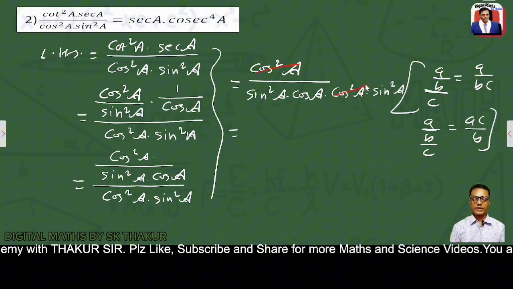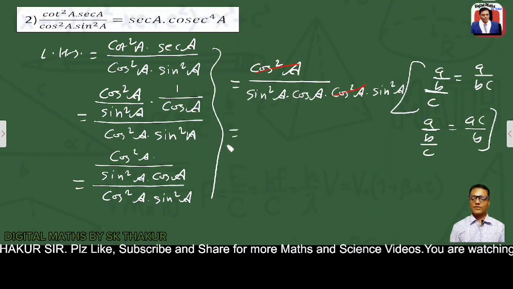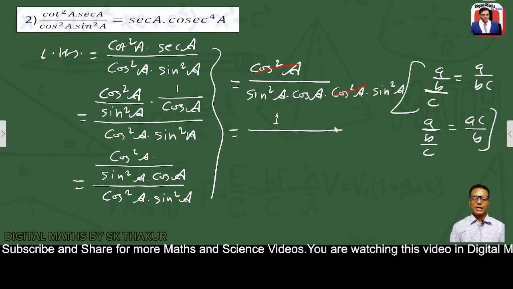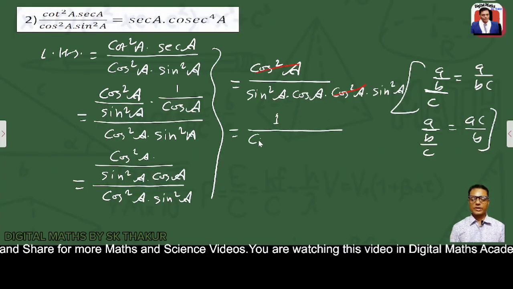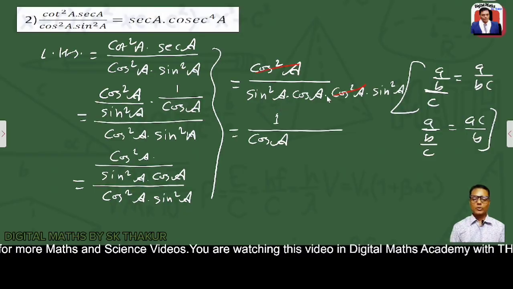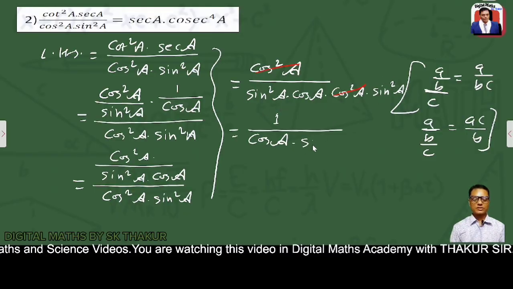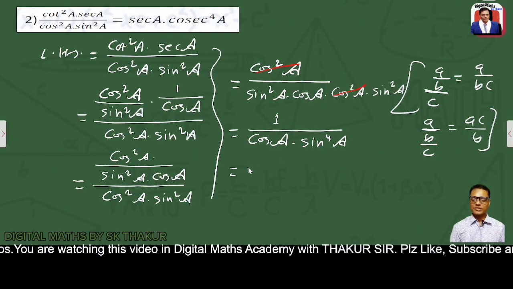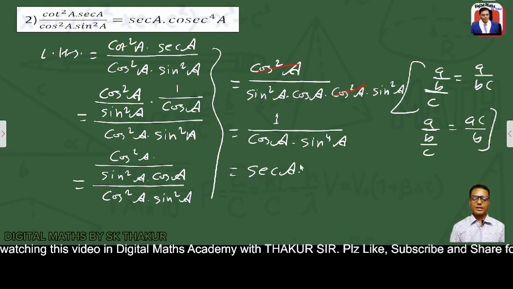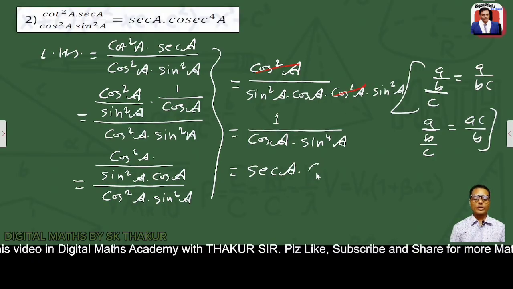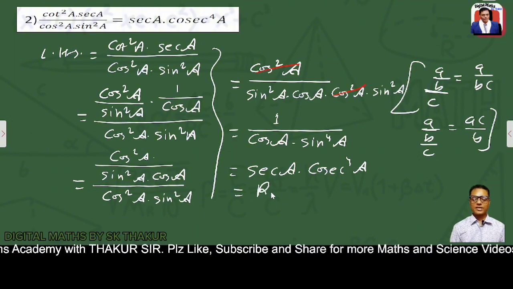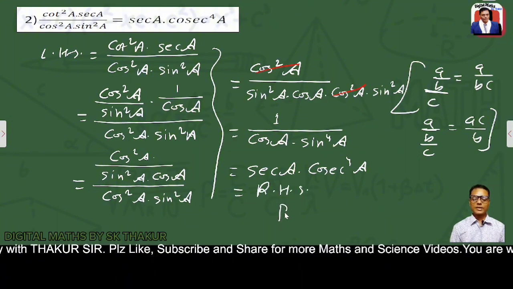And after that, at the numerator we have only 1, and at the denominator here is cos a, and sin square a dot sin square a gives us sin to the power 4a. And 1 by cos a we can write here sec a, and 1 by sin to the power 4a we can write cosec to the power 4a. That's our right hand side, so left hand side equals right hand side, and then at last we can write here proved.